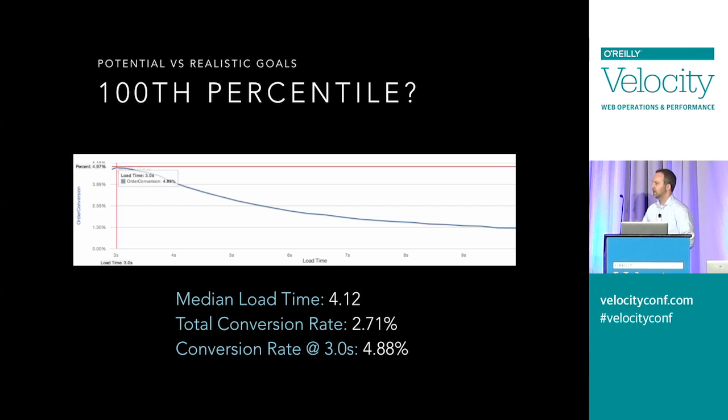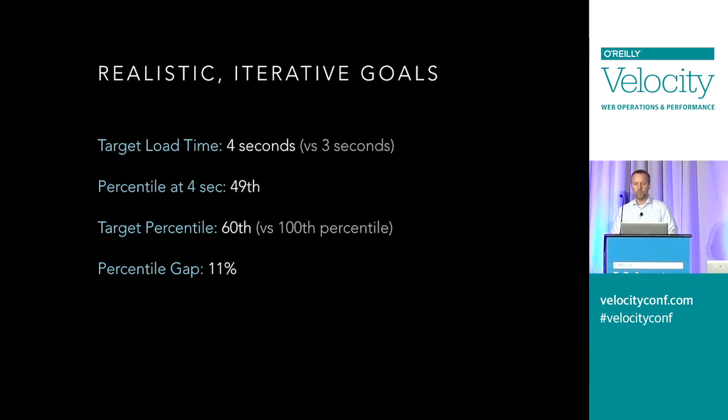So let's go back and revisit this for a second and see if we can refine it a little bit and make it a little bit more pragmatic. What if, from trying to go from 4.12 to 3 seconds, we said, you know what, we just want to focus on 4 seconds because it's close to the 4.12, which, by the way, happens to be the 49th percentile.